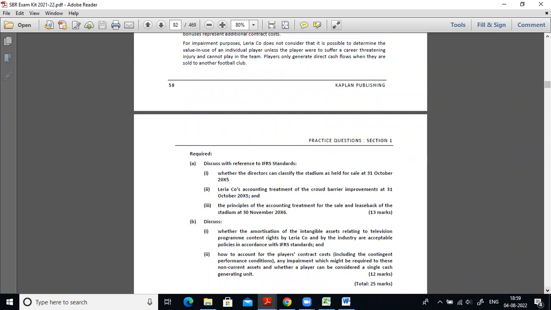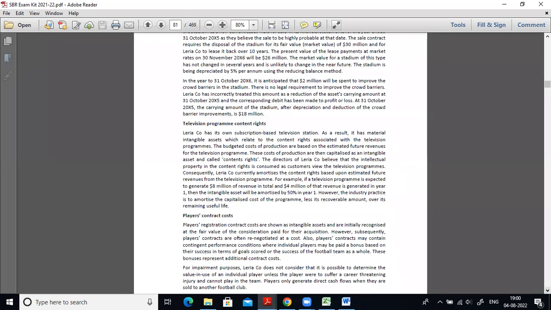Okay. Now here the company, this is related to intangible assets. We'll try to see only questions on sale and leaseback.